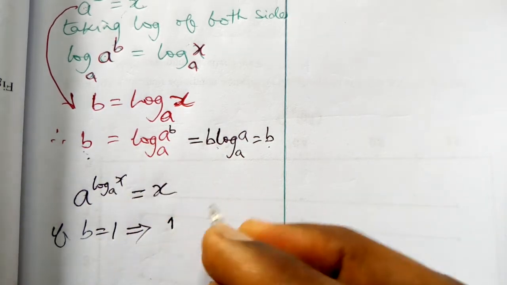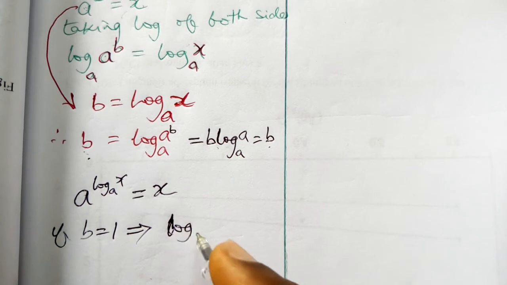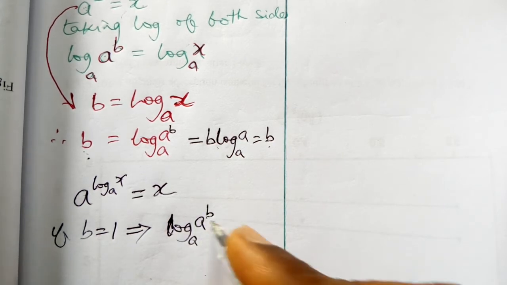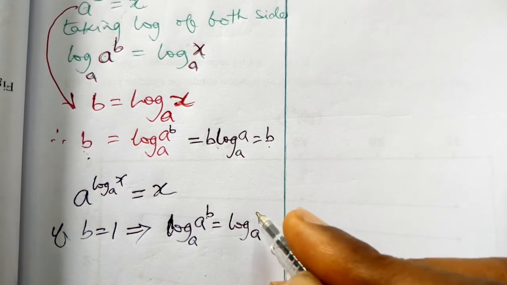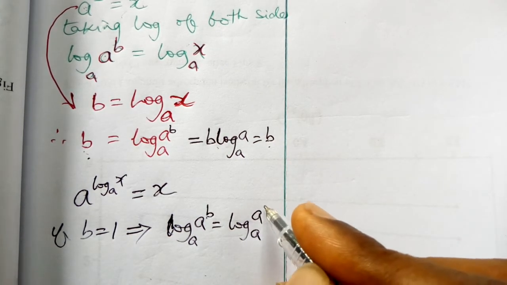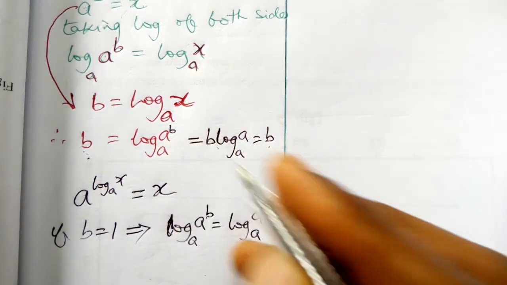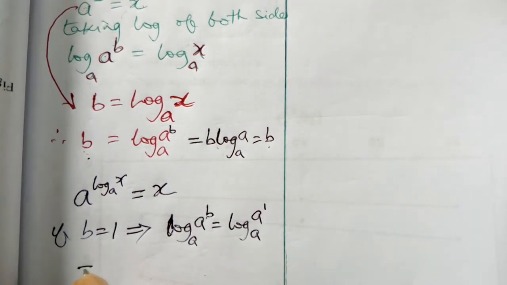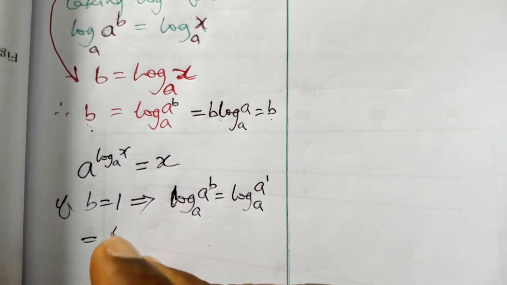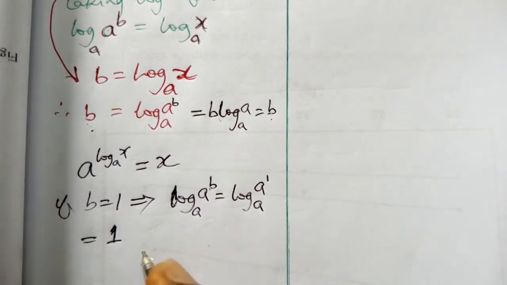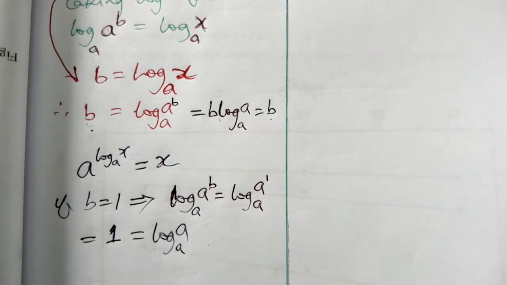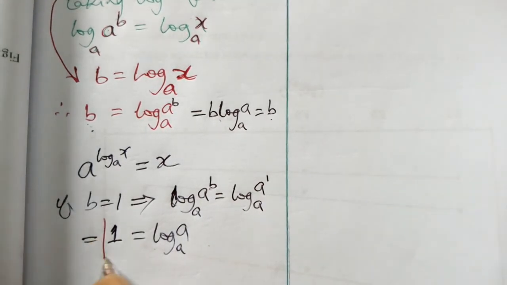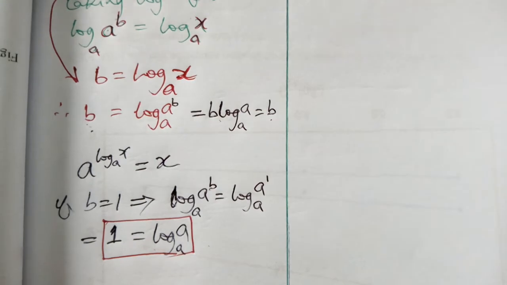If b is equal to 1, therefore log_a a^1 is equal to 1. Therefore log_a a is 1. That's a very important thing to note.